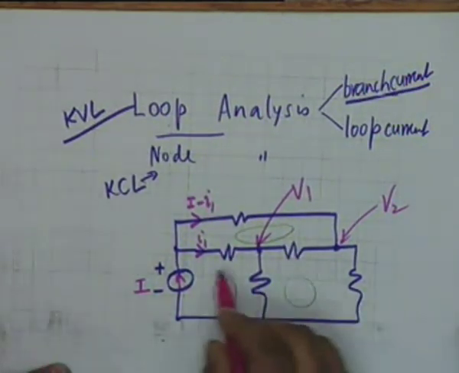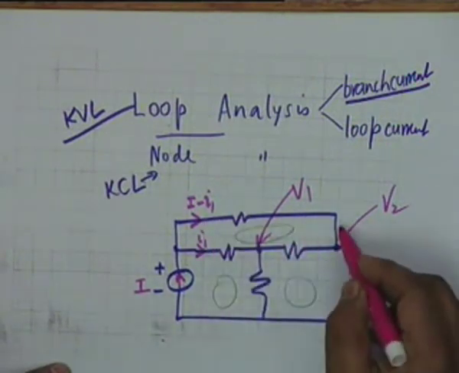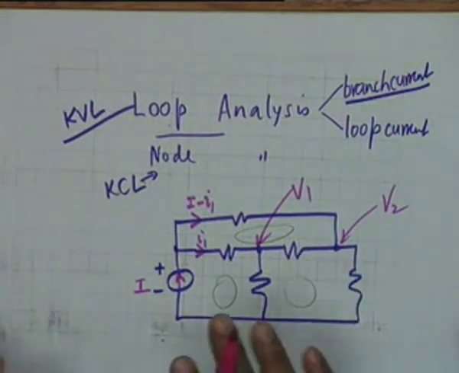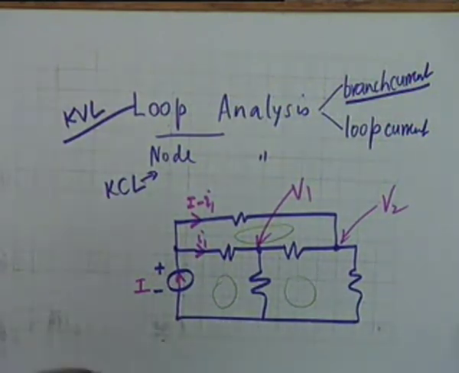Similarly I1 comes here, breaks up into 2 portions. Similarly I minus I1 comes here, combines with this current and flows through this. So you write all the branch currents, then you have to write only 2 loop equations. Is the point clear?